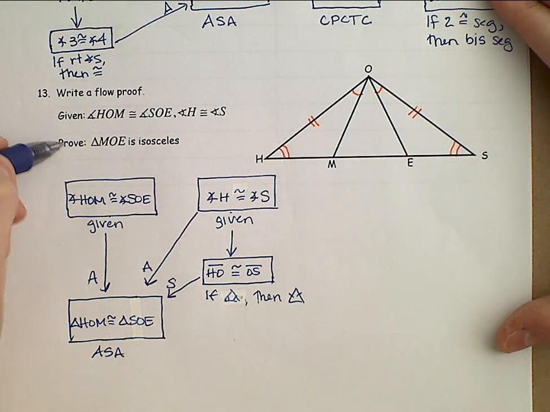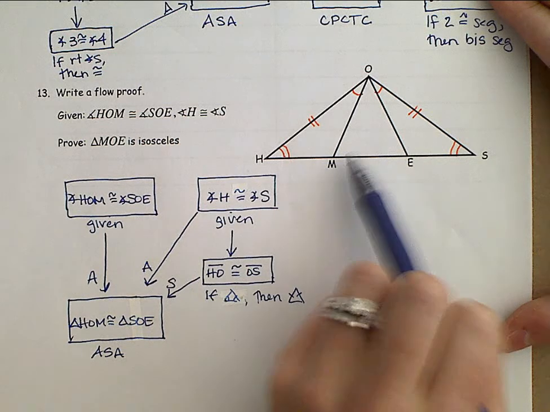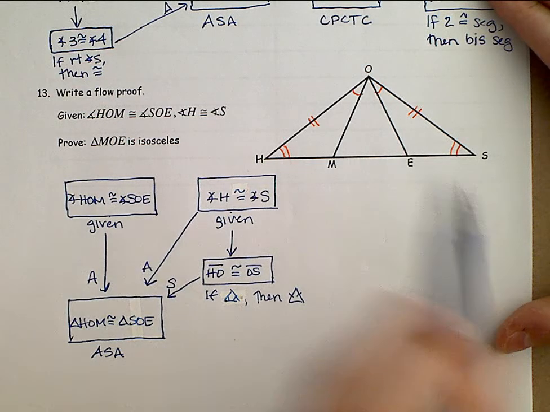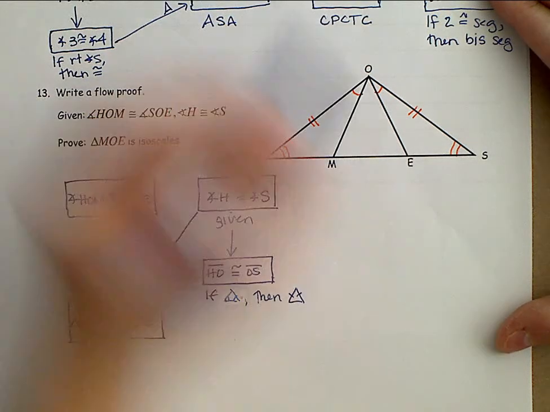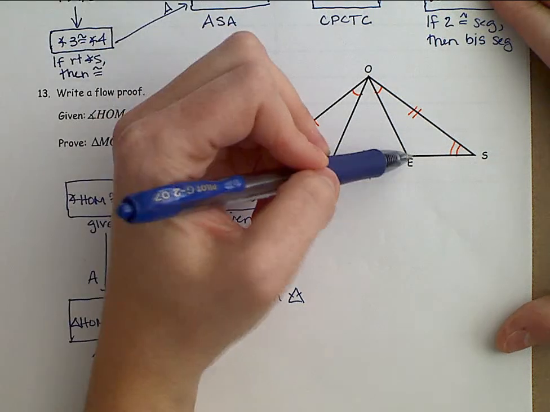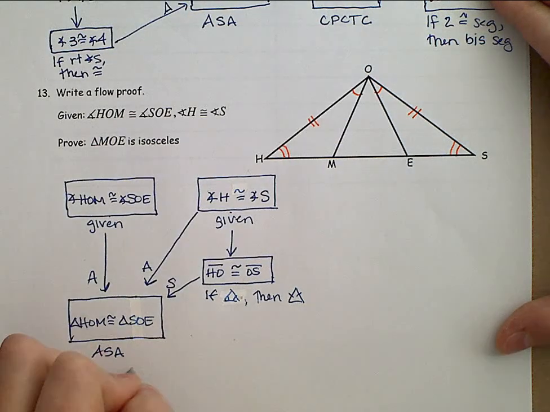Okay, let's look at what we were trying to prove. We were trying to prove that triangle MOE is isosceles. We need to see either some angles or some sides that are congruent in triangle MOE to say that it's isosceles. So the first thing that we can say is that segment MO is congruent to segment EO using the idea of CPCTC.